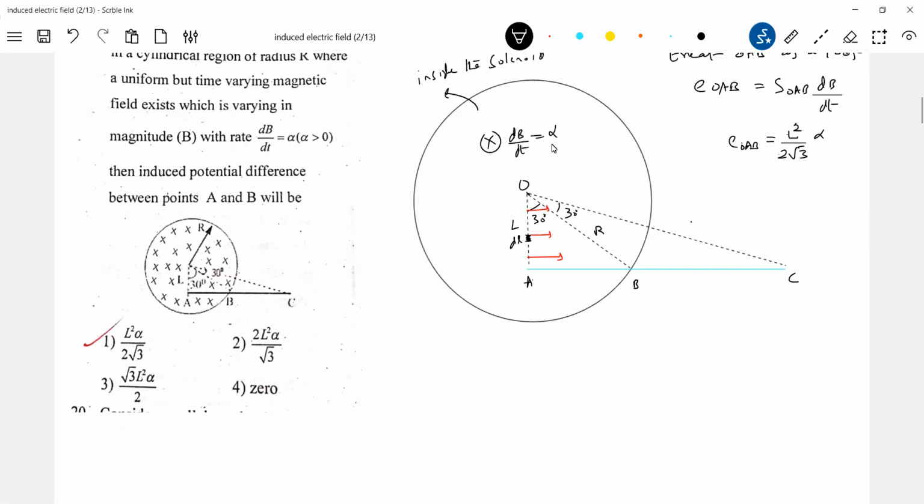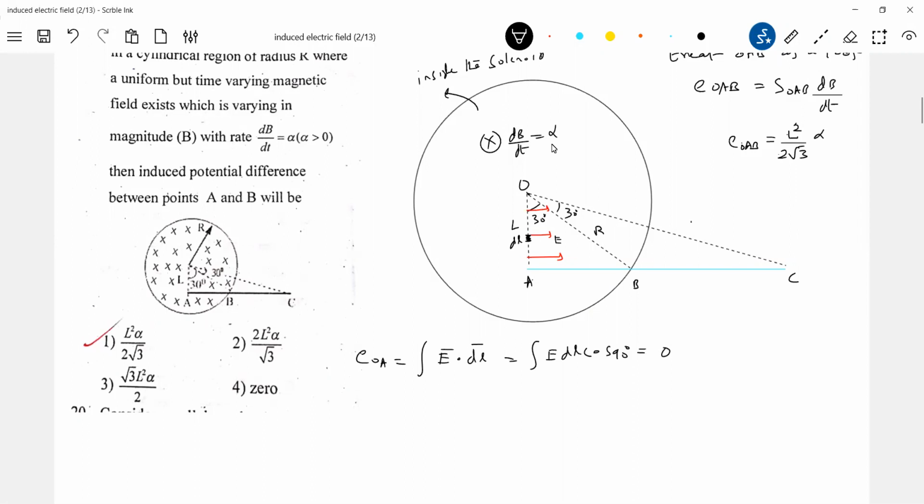So what is E bar dot dl here? 90 degrees. So what is the EMF induced? EOA should be equal to the integral of E bar dot dl. So some value E is there. So dl cos 90, no? At all points it is 90, no? So no EMF is induced across the side OA.